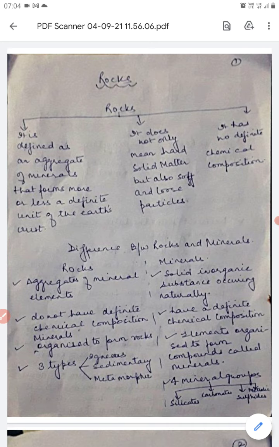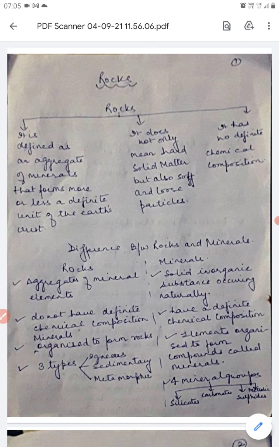Rocks comprise both solid material and loose particles, and they don't have any definite chemical composition.